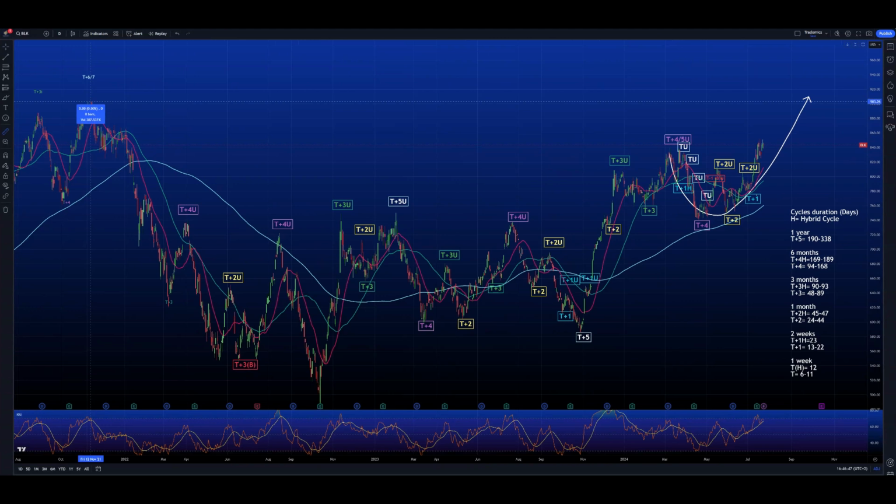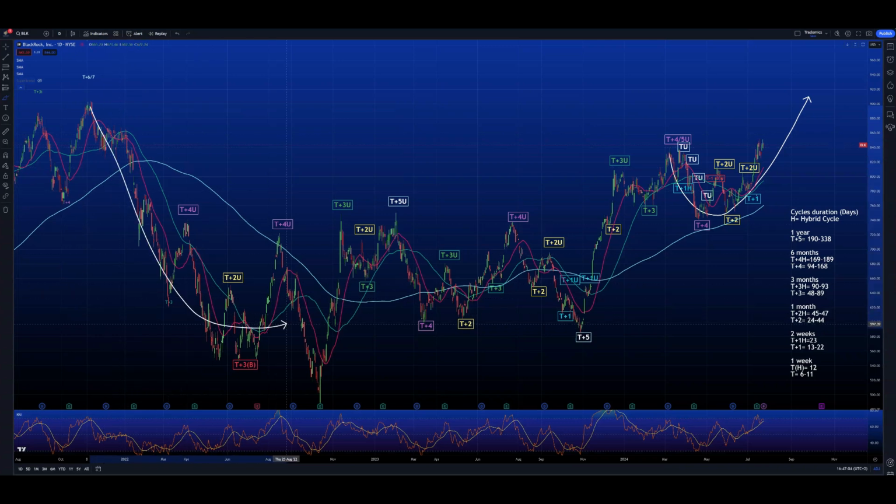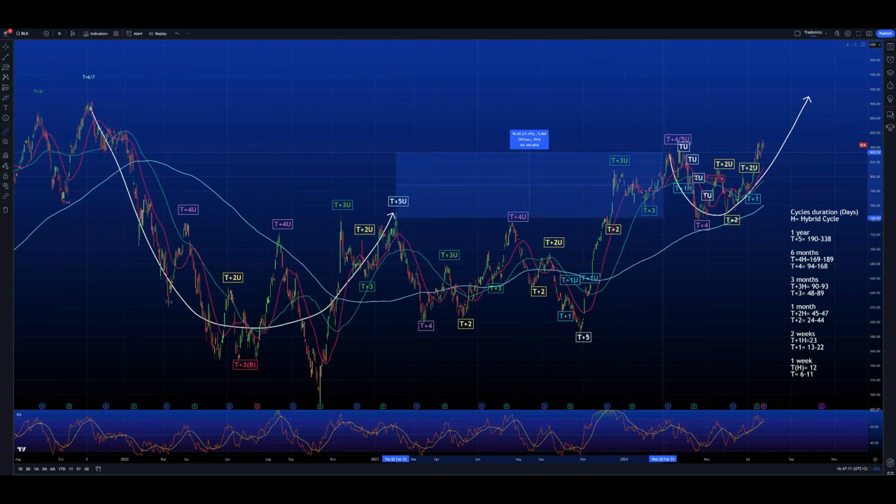From this top, we have had even a t+6, or a yearly upward cycle that closes the first t+5 after 305 bars. Now we have the second t+5 that ended up here with 275 bars. Okay, so here we have the second t+5.